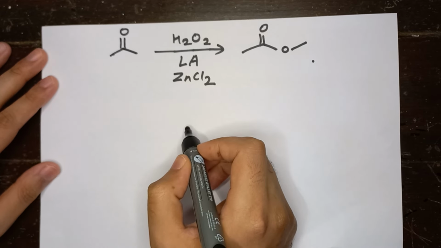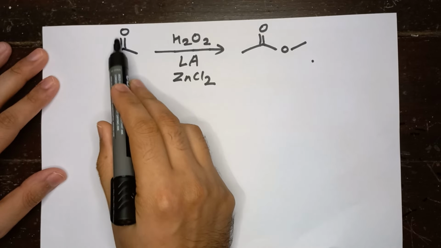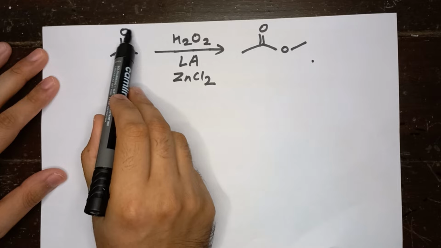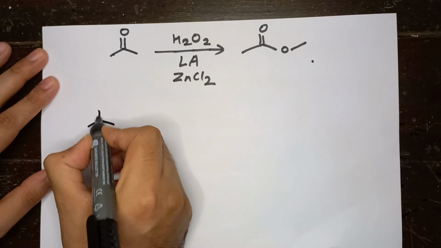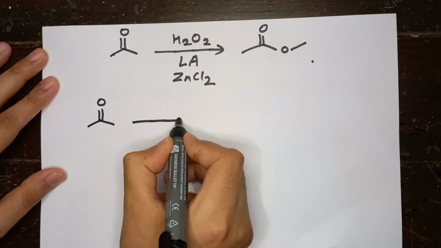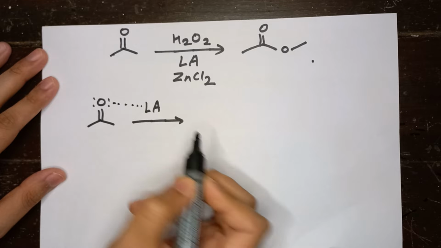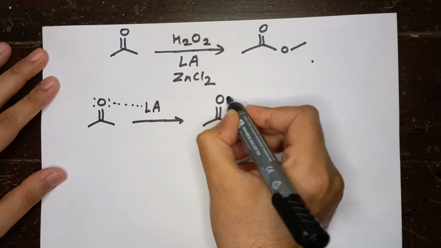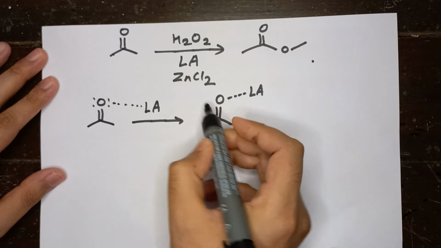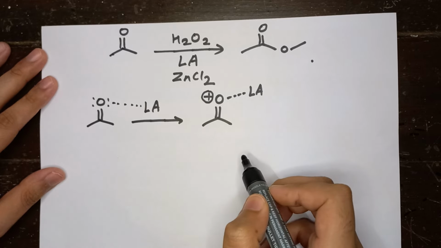So the idea of using Lewis acid is simply activating the carbonyl group, because we know this oxygen can chelate with this Lewis acid. So let me go ahead and write it. So this oxygen can chelate with Lewis acid, and this will get a partial positive charge.